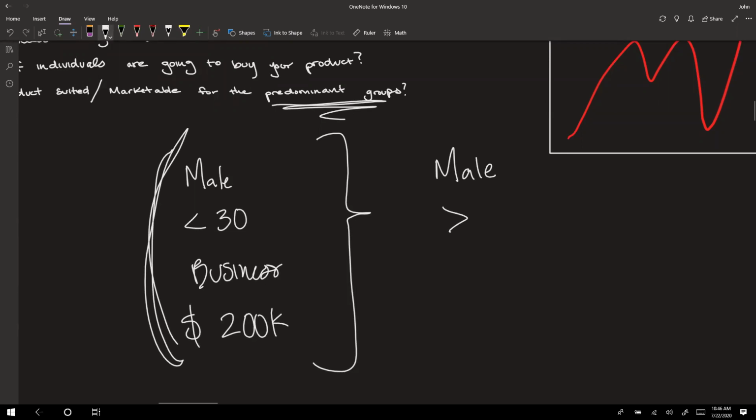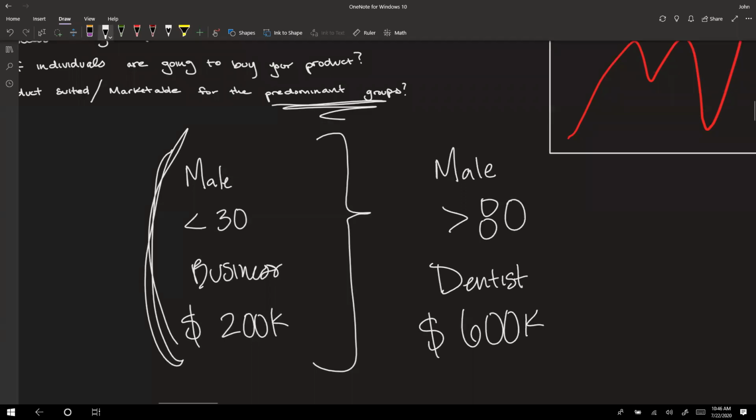There we go. Over 80, who works as a dentist and lives in a $600K house. Like you're not going to market the same way to these two groups, right? One of them's a lot younger, the other one's a lot older.